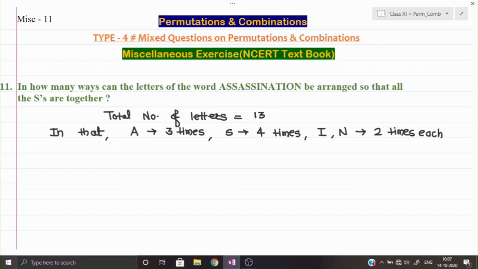But here it is very simple. They are asking only for those words where the S are coming together, so we need not subtract anything. We just need to find those words where the S are coming together.